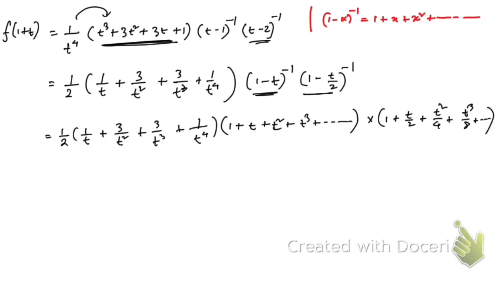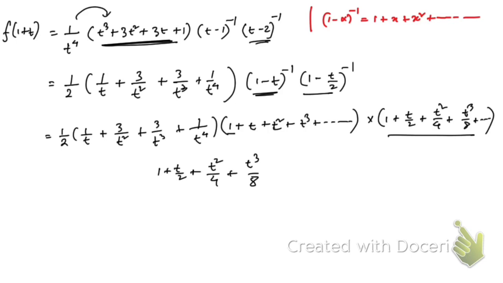So now what we can do here, you can see that we have to keep one thing in mind, that we need to find the coefficient of 1 by t, right? So now you see, if you multiply these things by 1, then you're going to get 1 plus t by 2 plus t square by 4 plus t cube by 8.